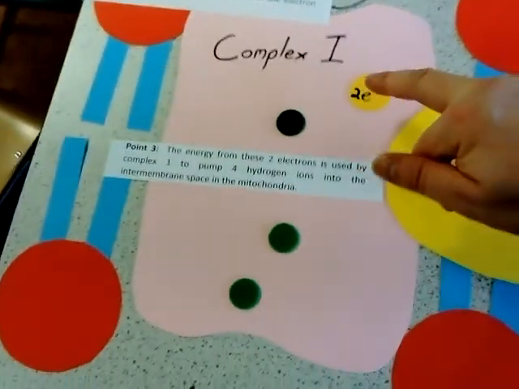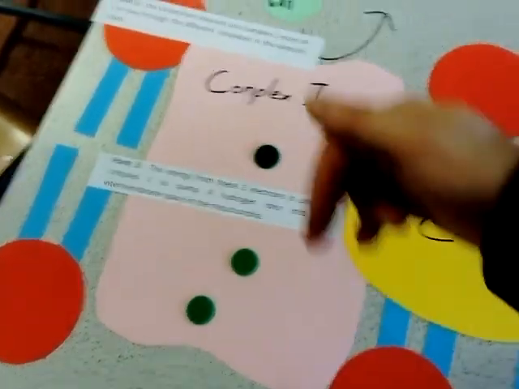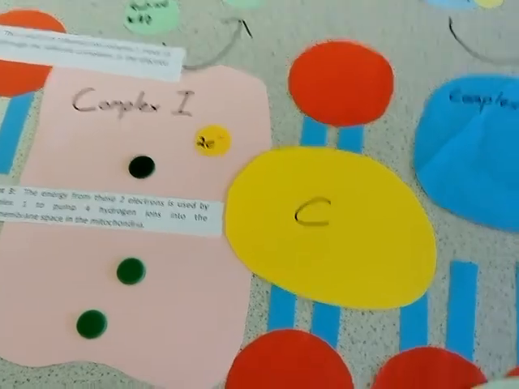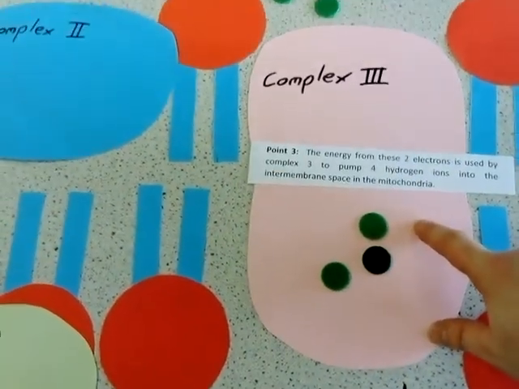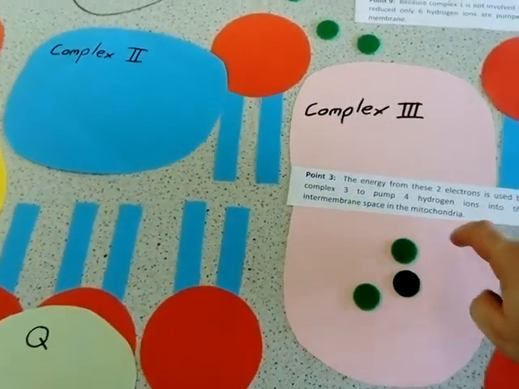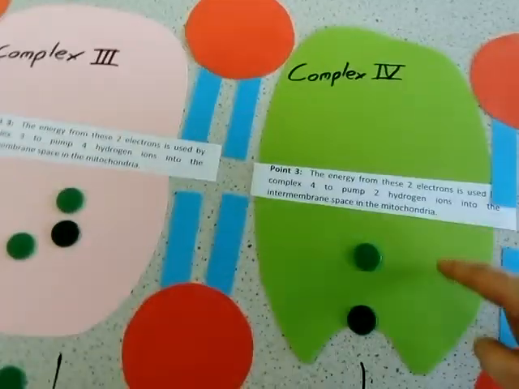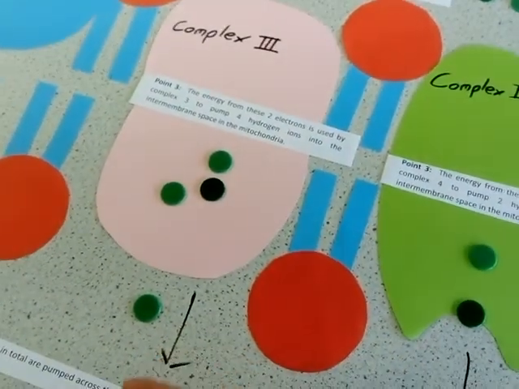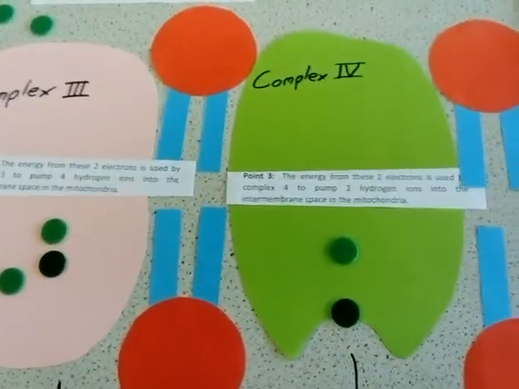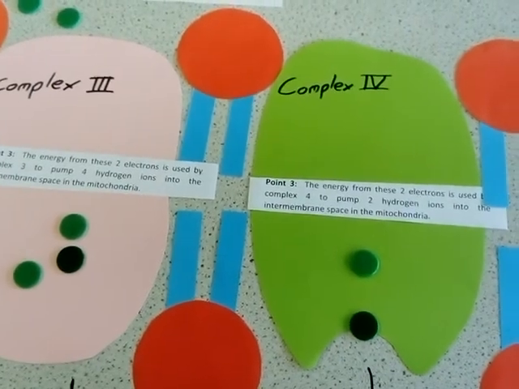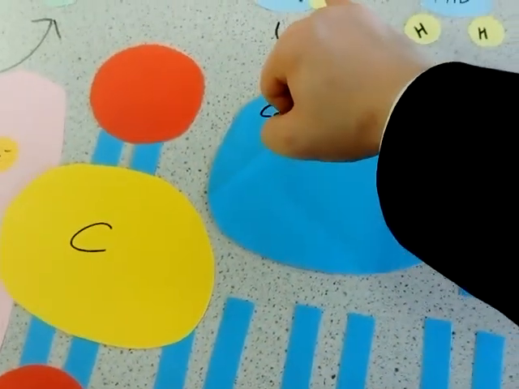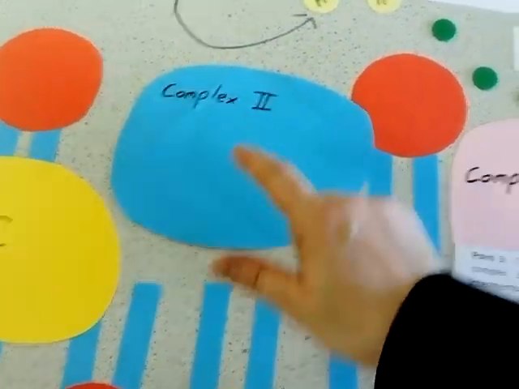We start off, the 2 electrons give complex 1 enough energy to transport 4 hydrogen ions into the intermembrane space, 4 hydrogen ions at complex 3 and 2 hydrogen ions at complex 4. So we're building up a high concentration of hydrogen ions in this intermembrane space. At the same time, somewhere else on the membrane, FADH2 is dehydrogenated at complex 2.